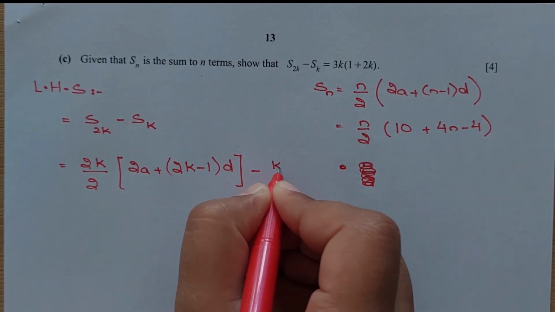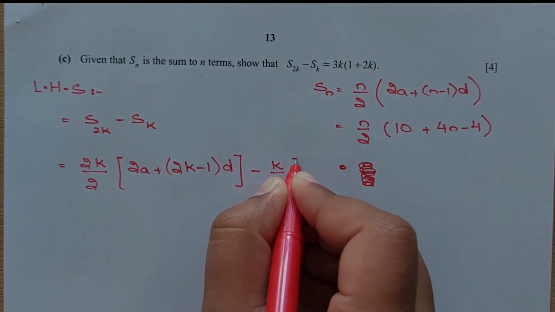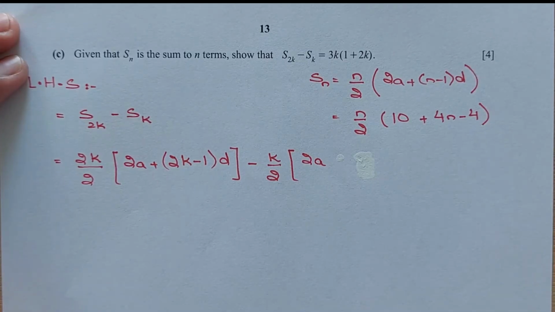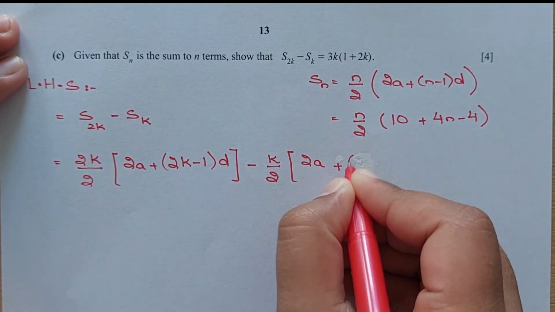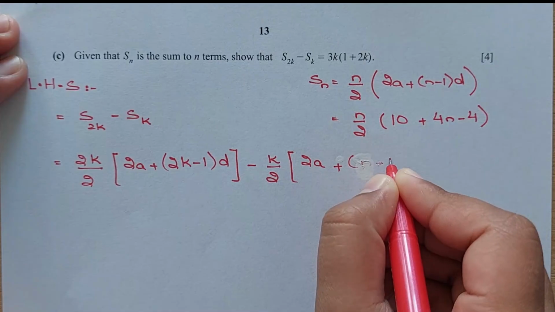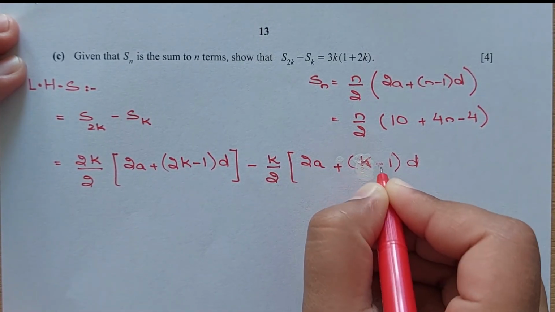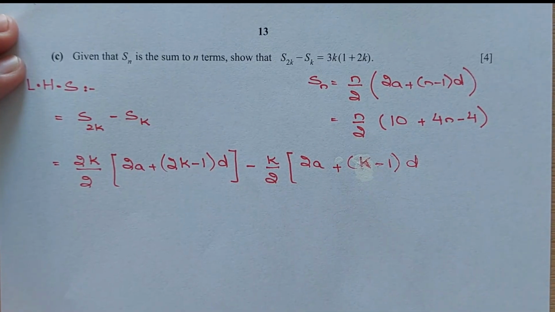Subtract k by 2 into 2a plus n minus 1 into d. n is k, sorry, k minus 1, right?